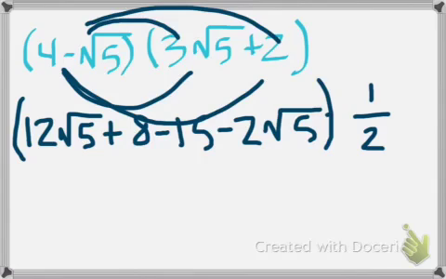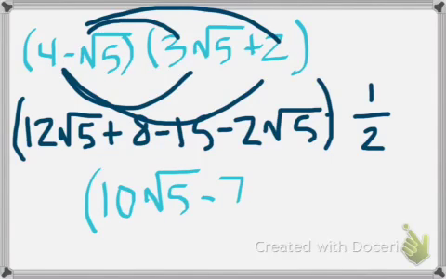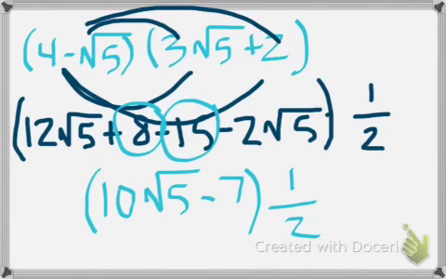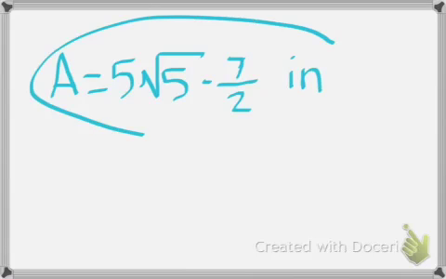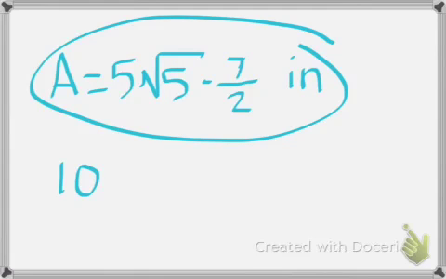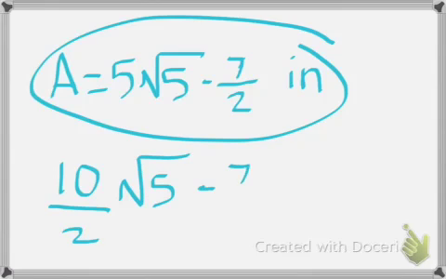Combining all like terms, you get 10 radical 5 minus 7, because you took 8 minus 15 and multiplied by 1/2. So the total area will be 5 radical 5 minus 7/2 inches, because we divided 10 by 2, the radical 5 kept the same, and the negative 7 divided by 2 just stays as a fraction.